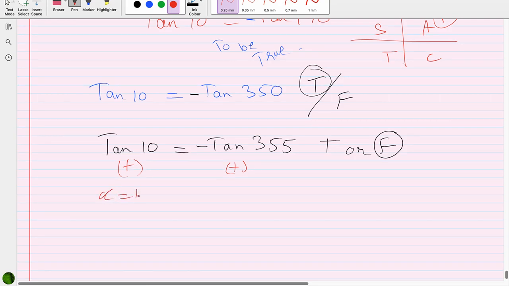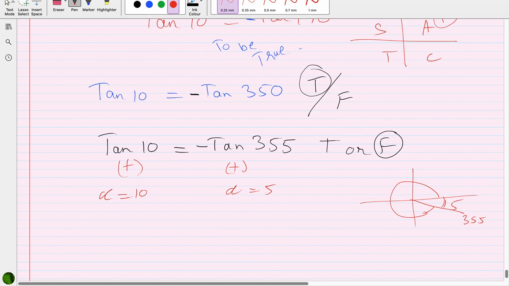Basic angle for tan 10 is 10, basic angle for tan 355 is 5. How will you do that? 355 would end up here. So if this is 355, you are left with 5 degrees. The basic angle is always with the x-axis.